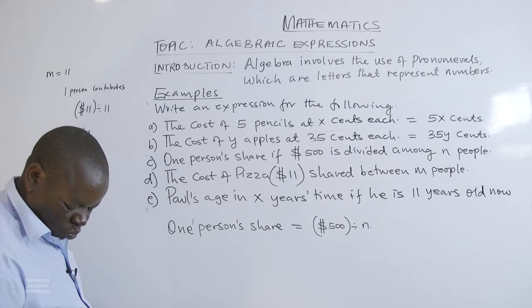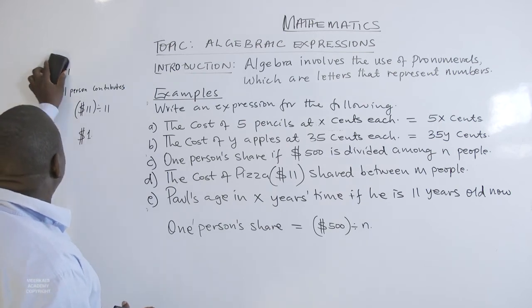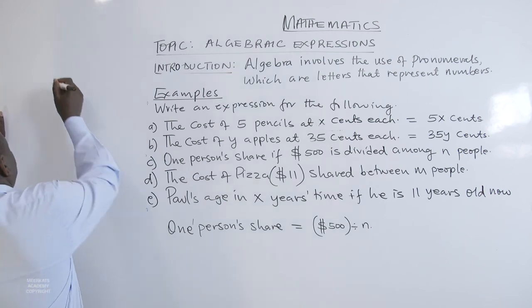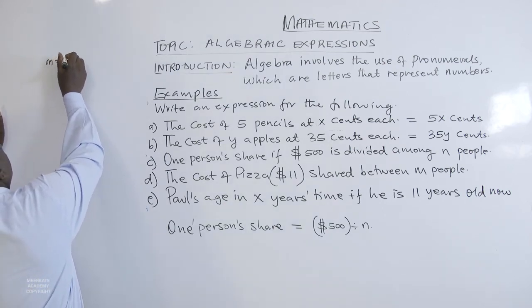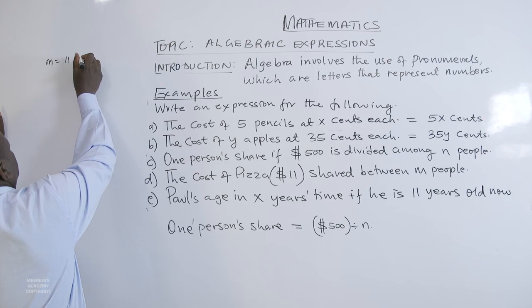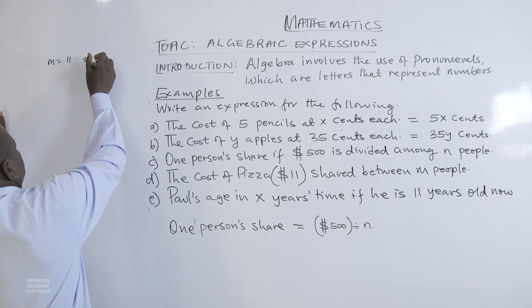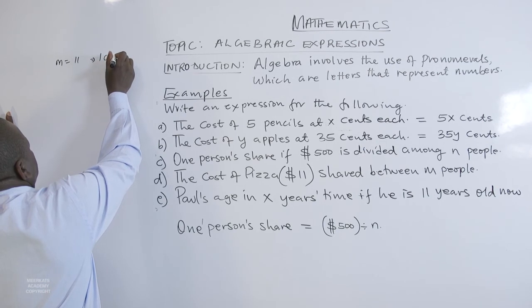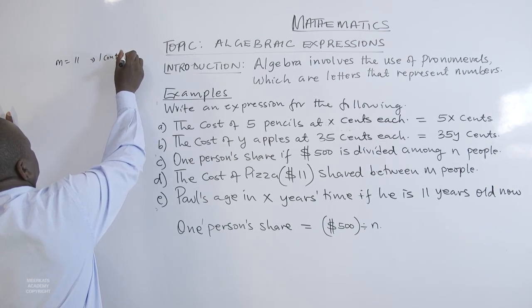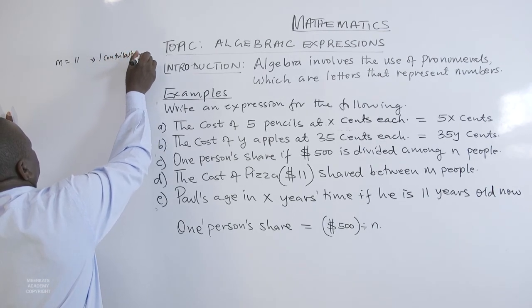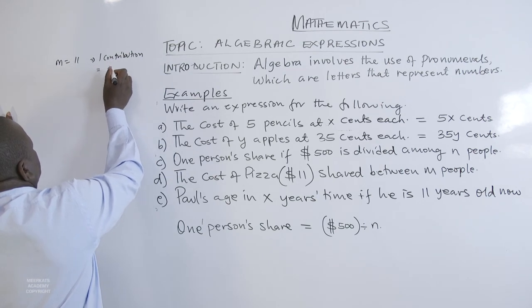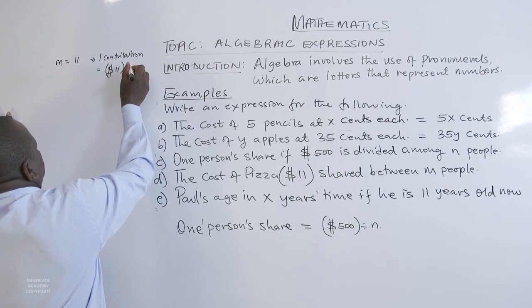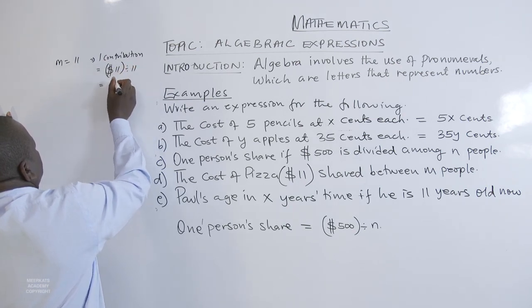So the first case, m is equal to 11, and one contribution equals $11 divided by 11, and that gives you $1.